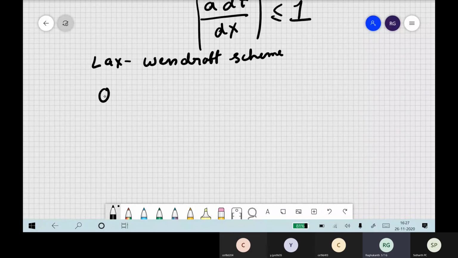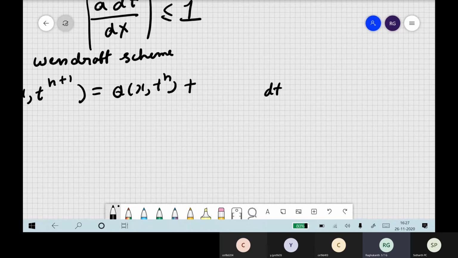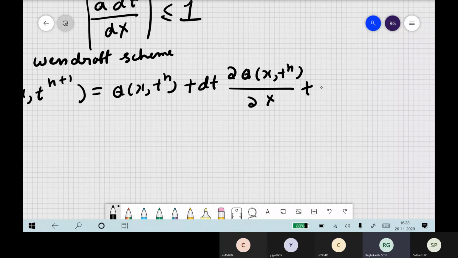You can write Q(x, t^n) plus dt multiplied by ∂Q(x, t^n)/∂t, plus half dt squared. Oh sorry, this is ∂t, I'm very sorry.